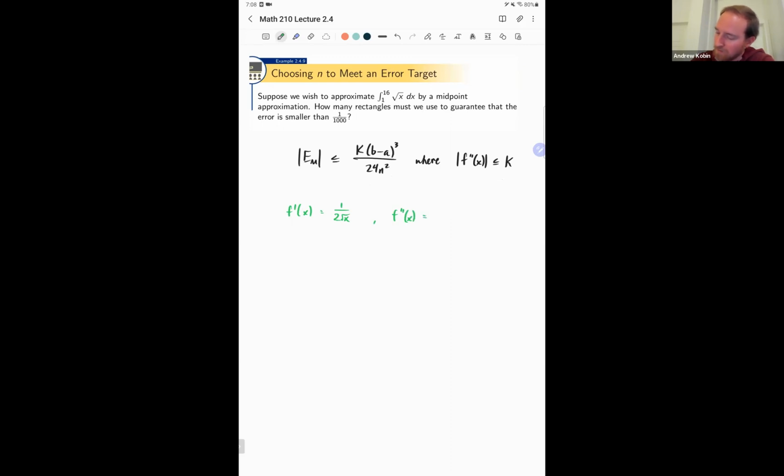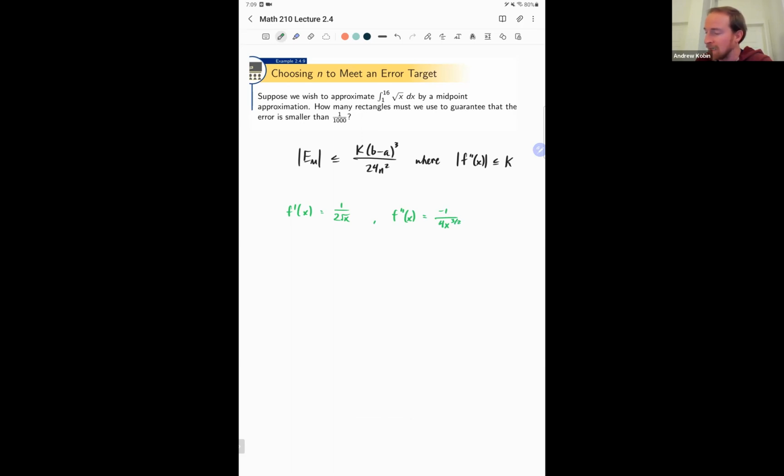The second derivative is actually going to be negative 1 over 4 times x to the 3 halves. So I'm going to write this all as one fraction since we'll need it in a moment. Negative 1 over 4 x to the 3 halves. So the second derivative is negative. We can see this in the graph. I'm not going to redraw the function, but it's concave down over the entire region from 1 to 16.